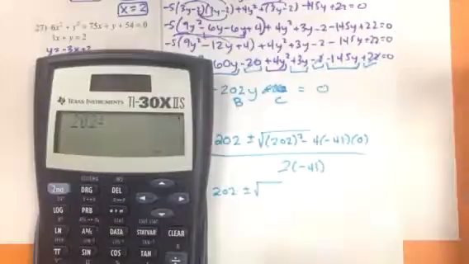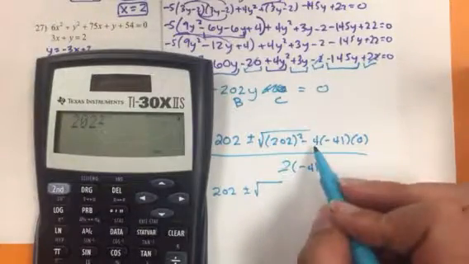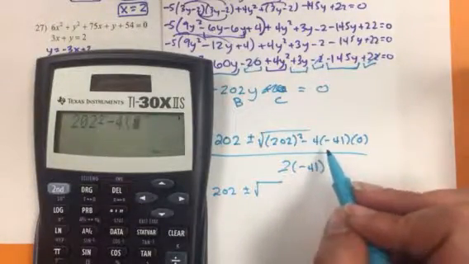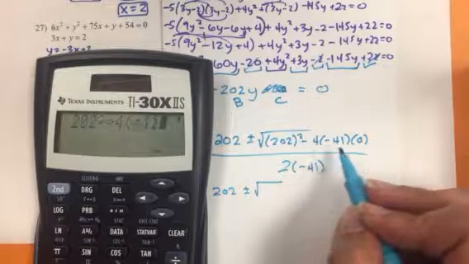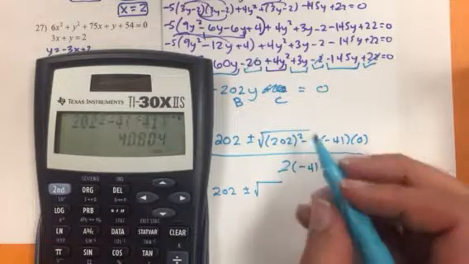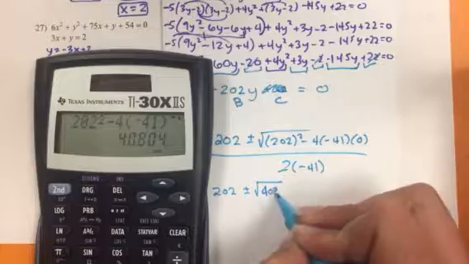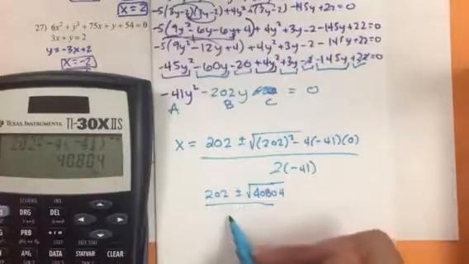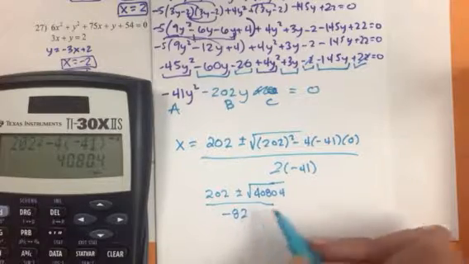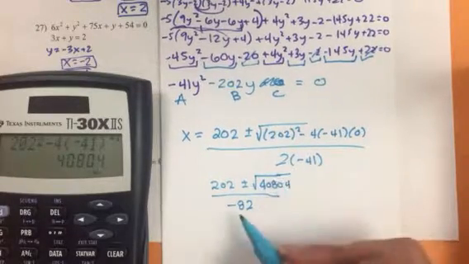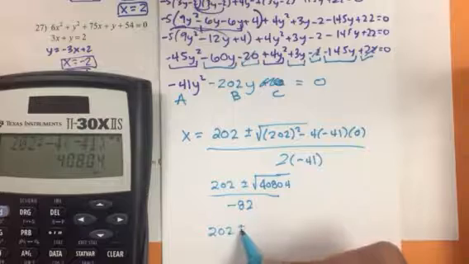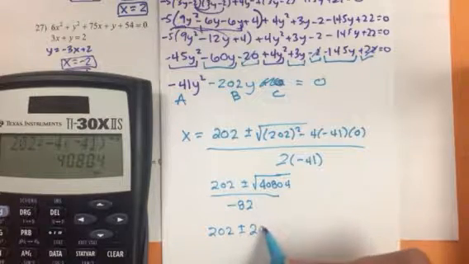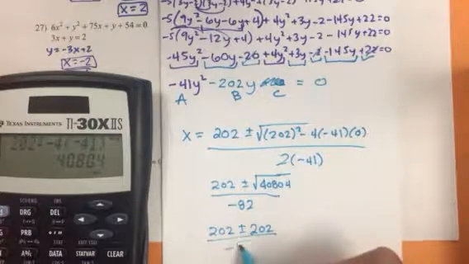202 squared. Minus 4 times negative 41 times 0, which is going to cancel that out. When I square root that, I get 202 plus or minus 202 over negative 82.